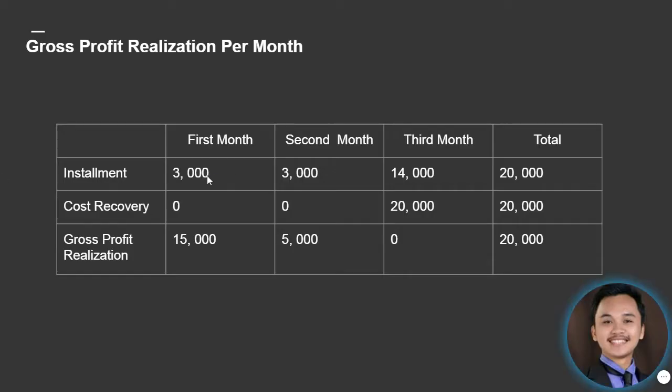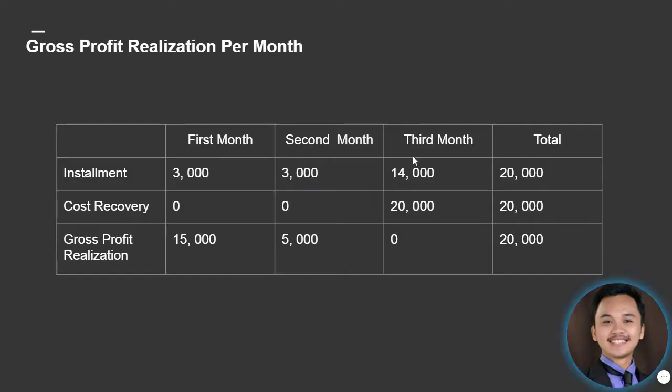Therefore, for the first month, we have a total realized gross profit to be recorded of 3,000. Okay? And then on the second month, we have a collection also of 15,000. Same method, 15,000 times 20% gross profit rate. So we will also recognize 3,000.